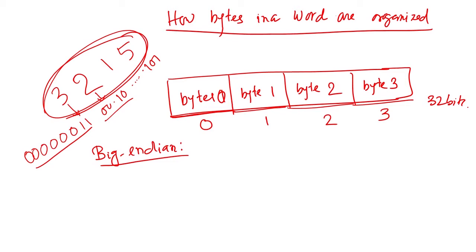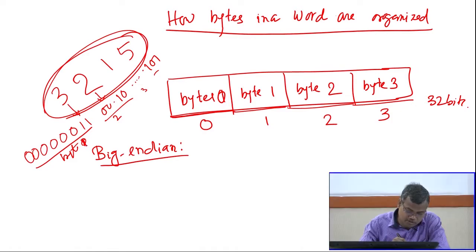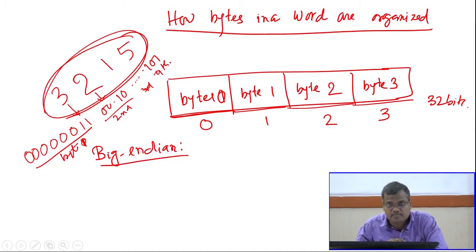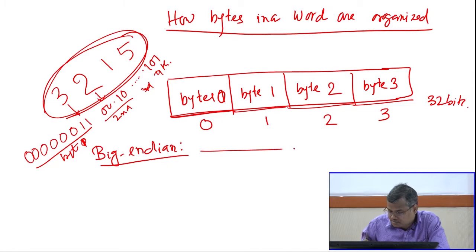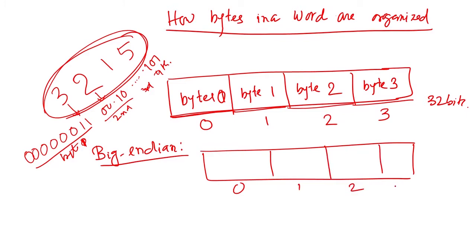Now, what you can do, this is the first byte, byte 0, this is the second byte, this is the third byte, and this is the fourth byte. Now, how do you represent these bytes in the different locations? So, I know the locations. This is location 0, this is location 1, this is location 2, this is location 3. So, each location will have 1 byte.